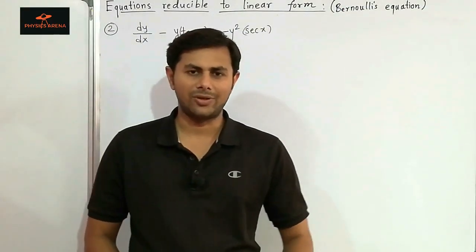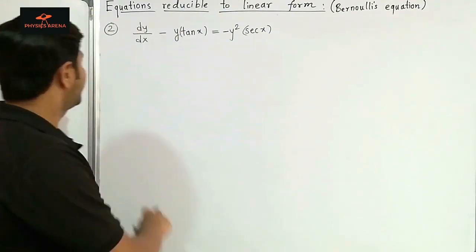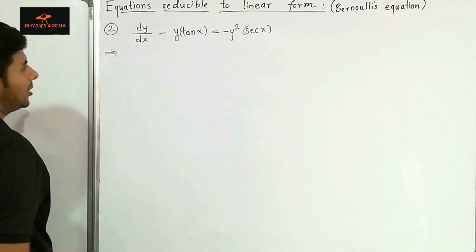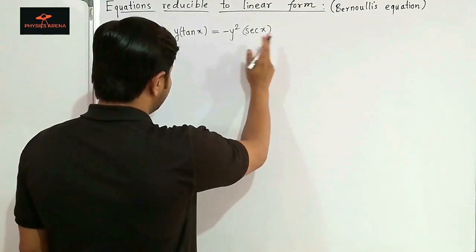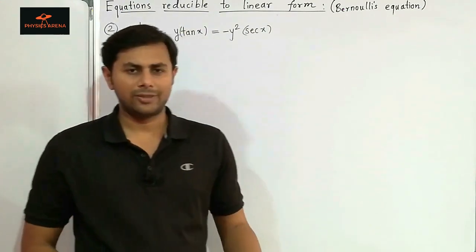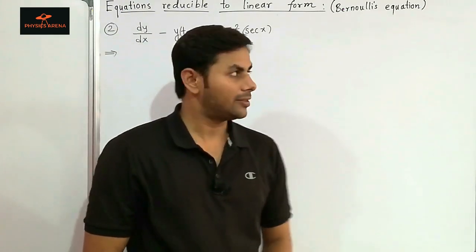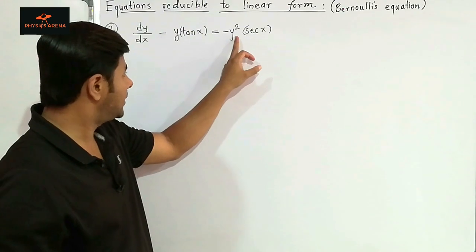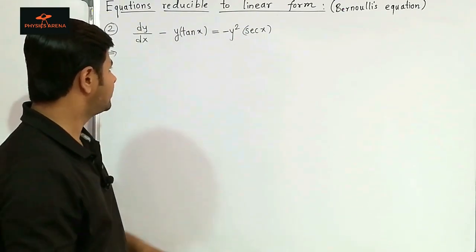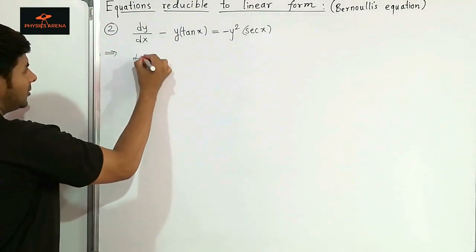Now let us try to solve the second problem: dy by dx minus y multiplied by tan x equals minus y squared multiplied by sec x. So let us follow the method we discussed, and the method says that we need to divide this whole equation by y squared. So let's do that.